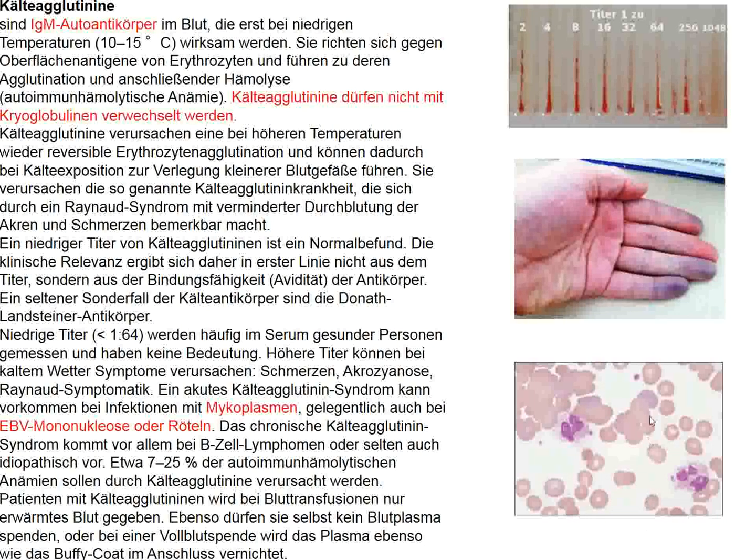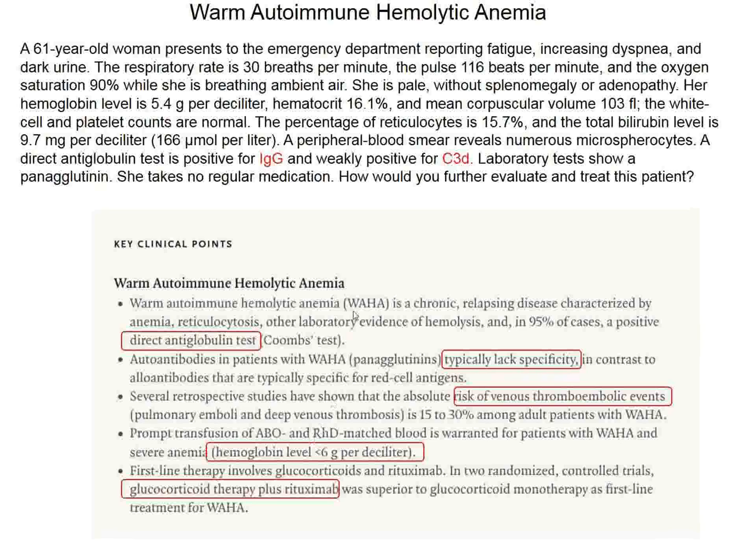And if we look at peripheral smears from these individuals, we see coin roll phenomena and clumping of erythrocytes. And cold agglutinins are associated with certain infections, mycoplasma, Epstein-Barr infection, or rubella infection. So we know what cold agglutinins are. They're IgM antibodies, most commonly after these infections, but they're also associated with other problems.